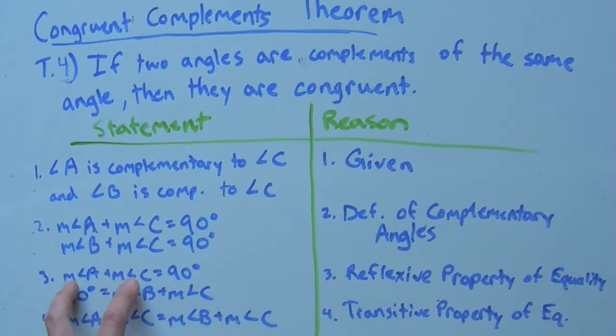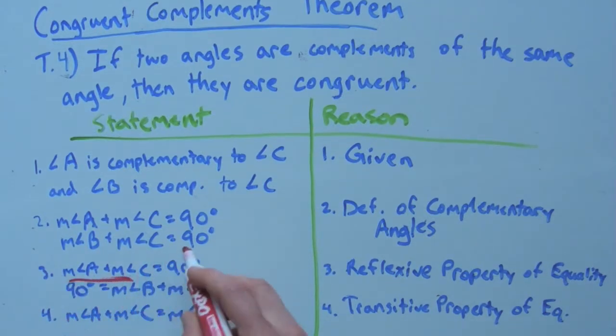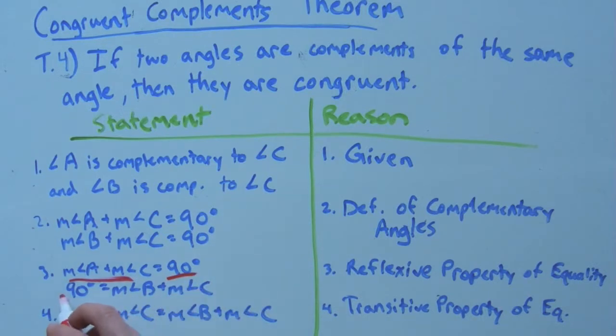And then from there, we can directly see that from the transitive property of equality, we will get that the measure of angle A plus the measure of angle C equals the measure of angle B plus the measure of angle C. That we have A equal to B and B equal to C, using this whole expression as A, this number as B, and this expression as C.